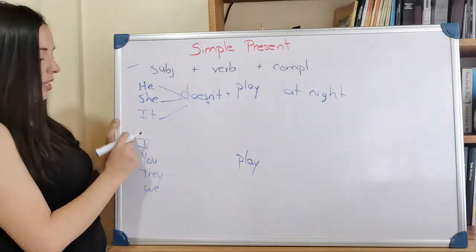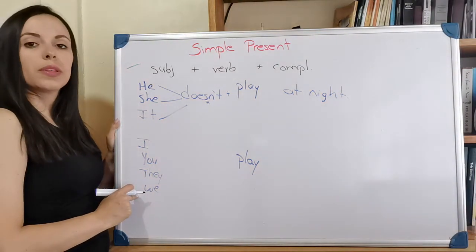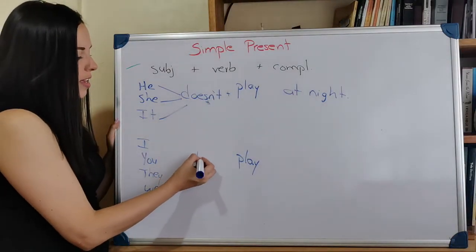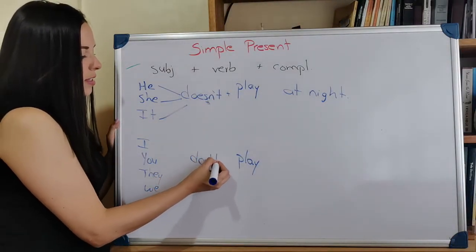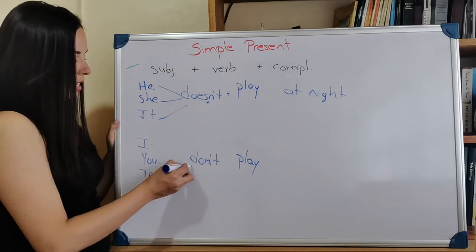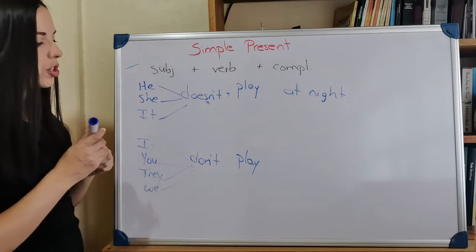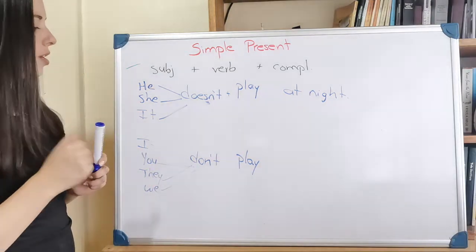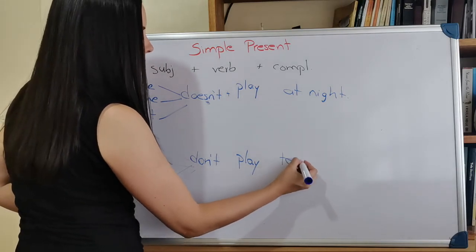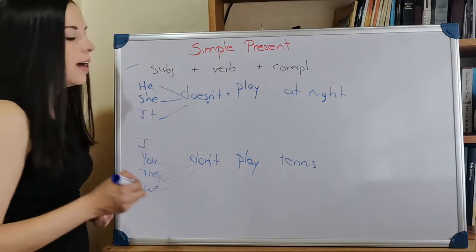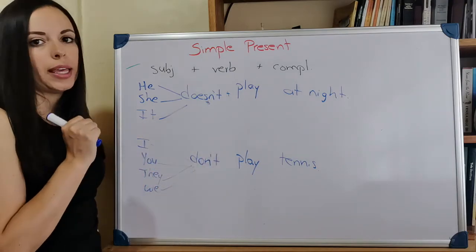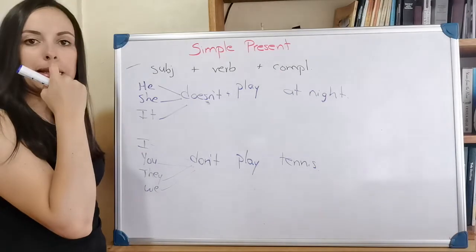What happened with these four subjects? Well, we also need a particle, a negative particle, but in this case, it is don't. I don't play, you don't play, they don't play, we don't play. I don't play tennis. Okay, that's my complement. Okay, I don't play tennis, you don't play tennis, they don't play tennis, and we don't play tennis, right?